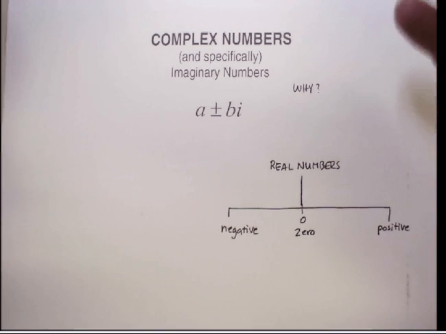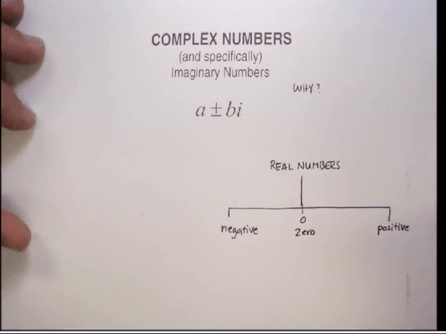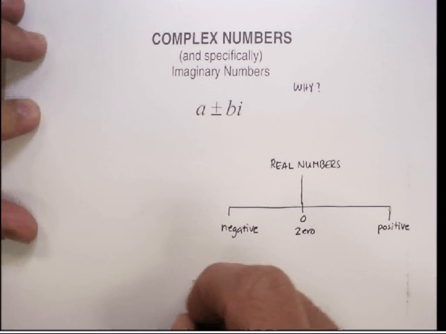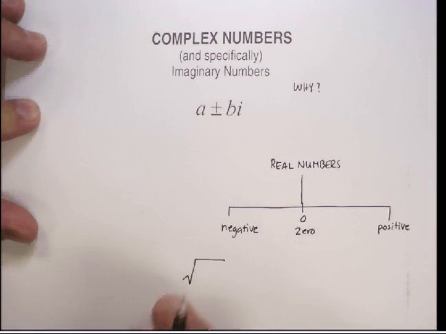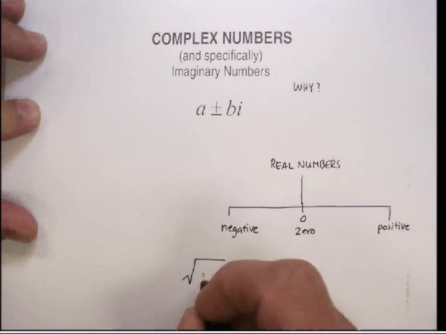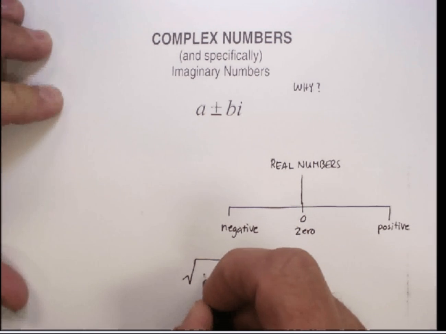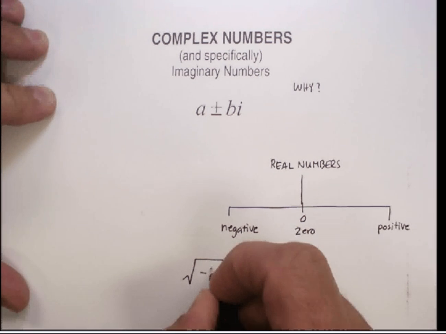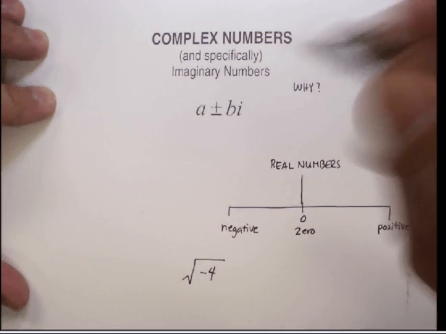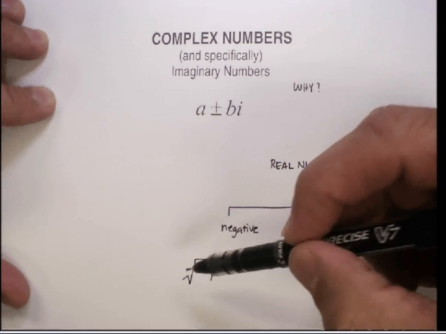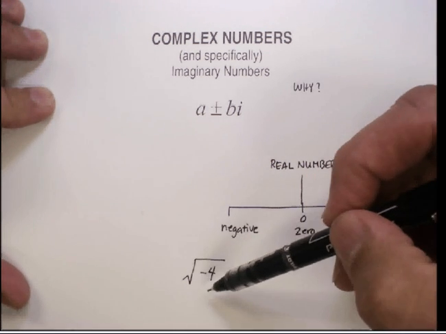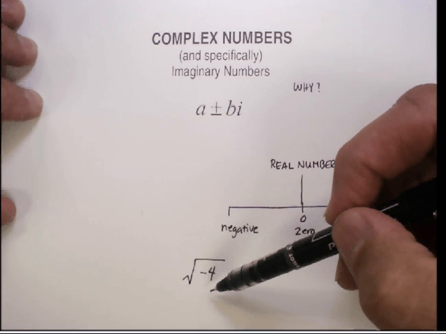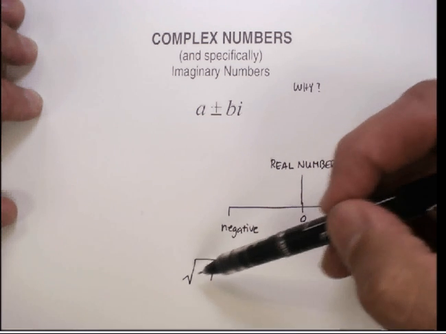And all those rules were very consistent with one another until we got to something that looked like this, and that's using a radical. And I'll just put a number under here that's, for example, something like -4. And it could be any negative number. Well, we had a problem here. You can't take the square root of a negative number, because remember what square roots mean.